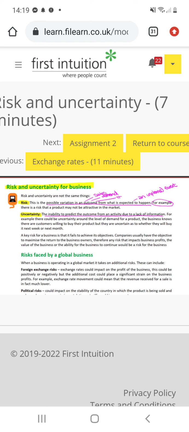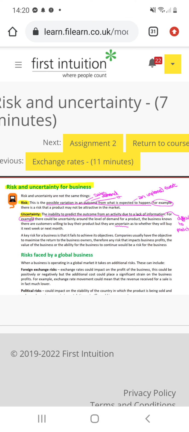The lack of information makes it difficult to predict. No past experience. And the example we've got here is that there could be uncertainty around the level of demand for a product. The business knows there are customers willing to buy their product, but they're uncertain as to whether they will buy it in the next week or perhaps the next month. So these cannot be quantified.